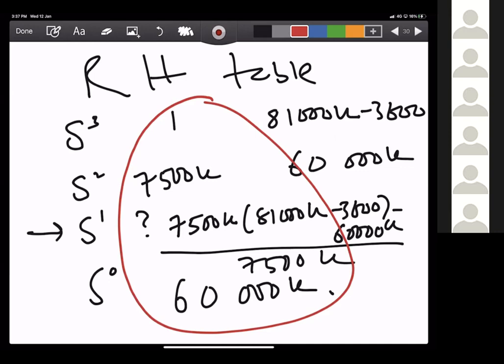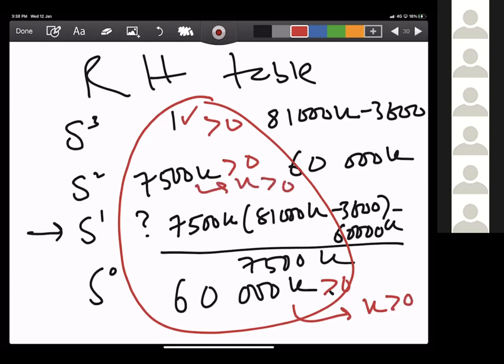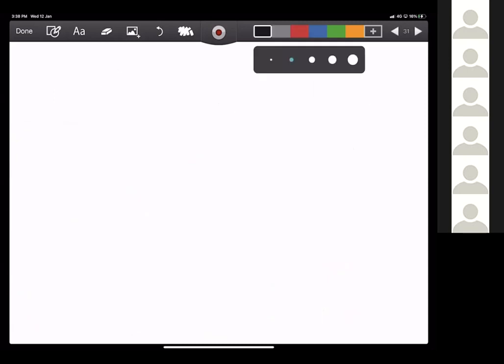So kalau kita tengok sini, ni more than 0, maknanya K greater than 0. So tinggal yang ni, yang panjang. Betul tak? Betul.